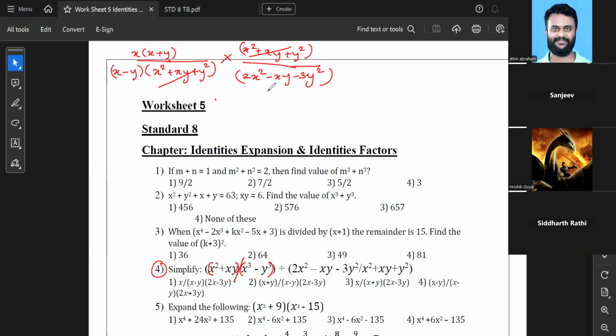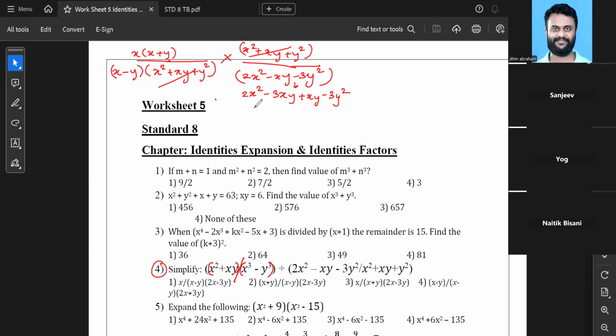Okay, this minus xy can be written as 2x square minus 3xy plus xy minus 3y square. Can I do that? This one, can I write it like this? So, no. Very good. Now sir, here, it will be... Sir, yep, I'm listening.